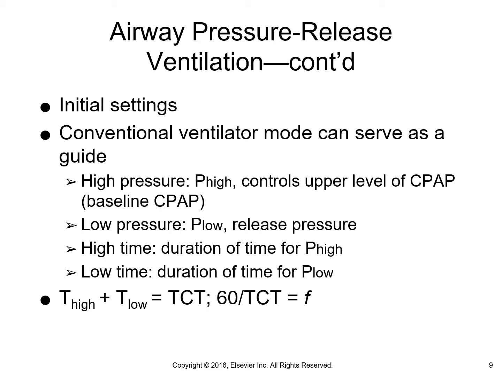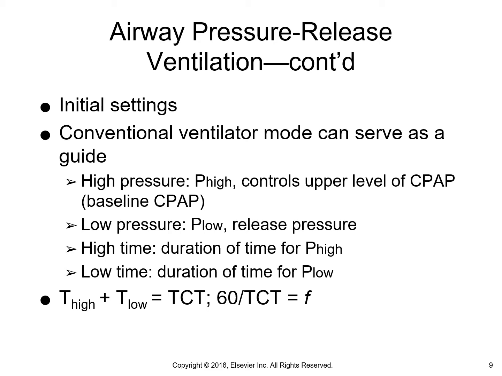So we can either use the previous plateau or mean airway pressure on the conventional ventilator. Whatever your previous plateau was, or your mean airway pressure, can serve as a guideline as to where to set your P high. Again, it's usually set somewhere between 15 and 30. We try to stay below 35.